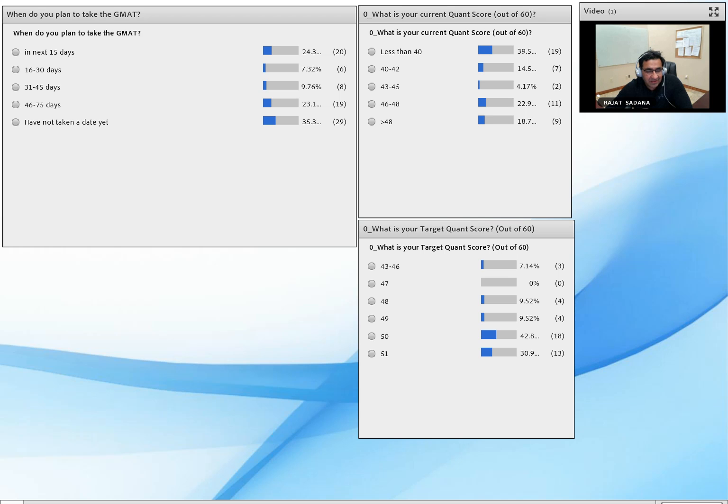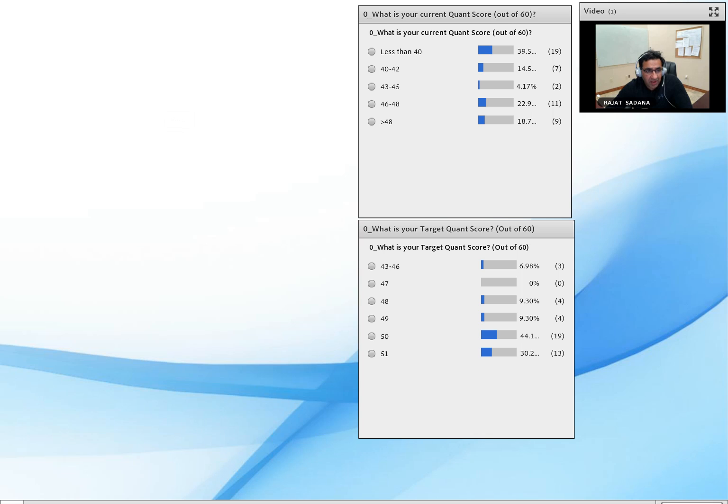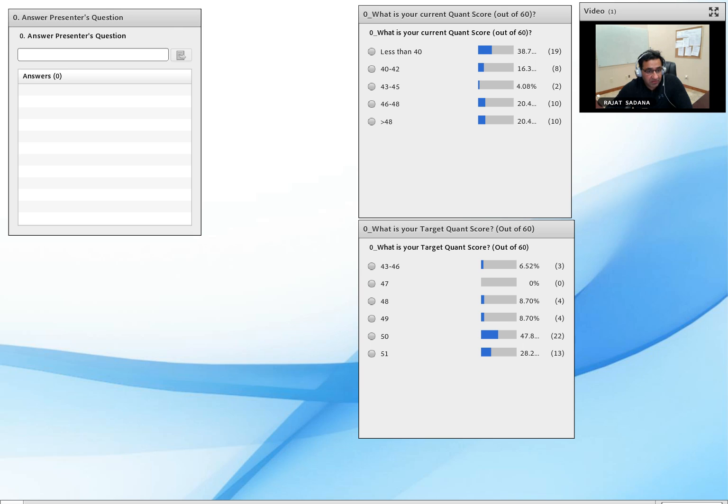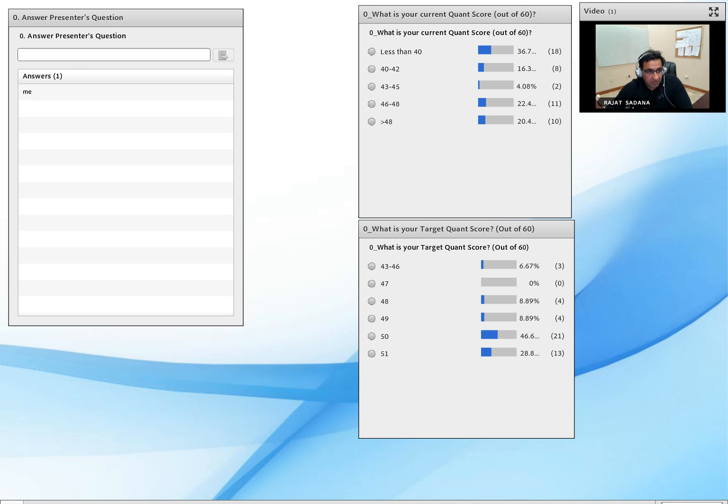This first question, actually, the number of people in this 15-day group makes me curious. So how many of you who are taking the GMAT in the next 15 days have already applied in round 2 and are planning to send your updated scores to business schools, hoping to improve your score to increase your chances of admission? So, okay, 2, 3, 4.